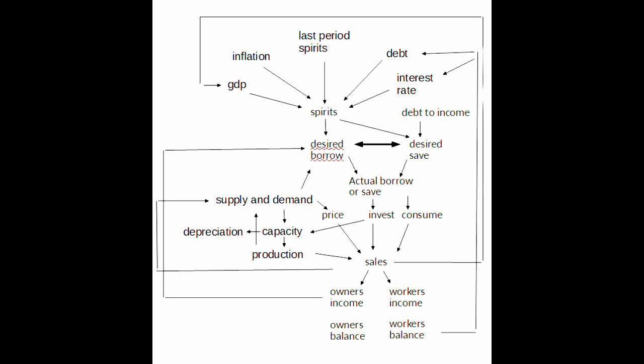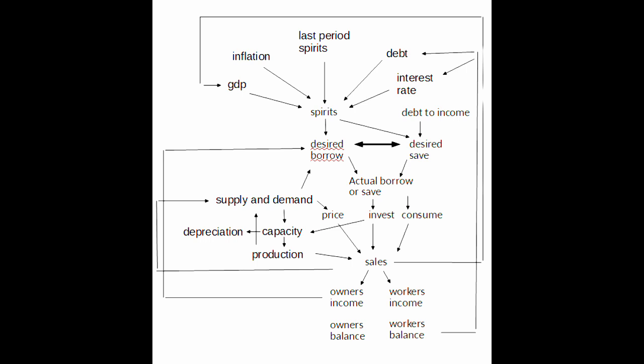Then, given the amounts that people are actually going to spend either on investment or on consumption this period, and the price, which itself has been updated by supply and demand, we get to the total dollar sales for the period. And those dollar sales are then distributed between the owners as their income and the workers as their income, their wages.